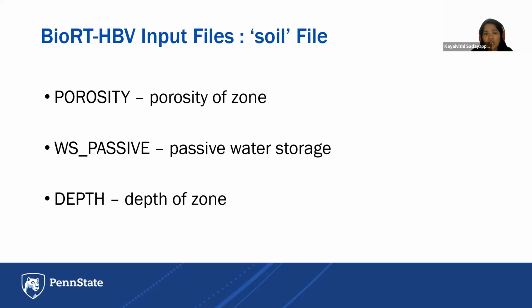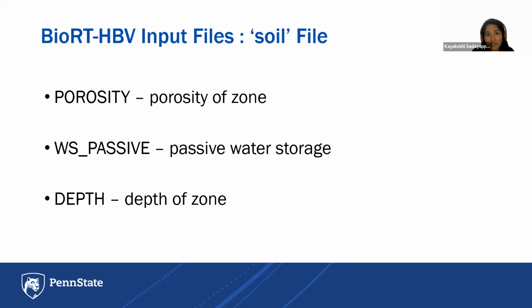However, there is some other water in the subsurface known as passive water, which does not participate in stream flow generation processes, but still affects reaction and transport processes. In reactive transport models, we need to quantify this passive water storage too. And that's why we have this passive water storage in upper zone and lower zone in our soil file. Finally, we also need to specify the depth of these zones in our soil file.